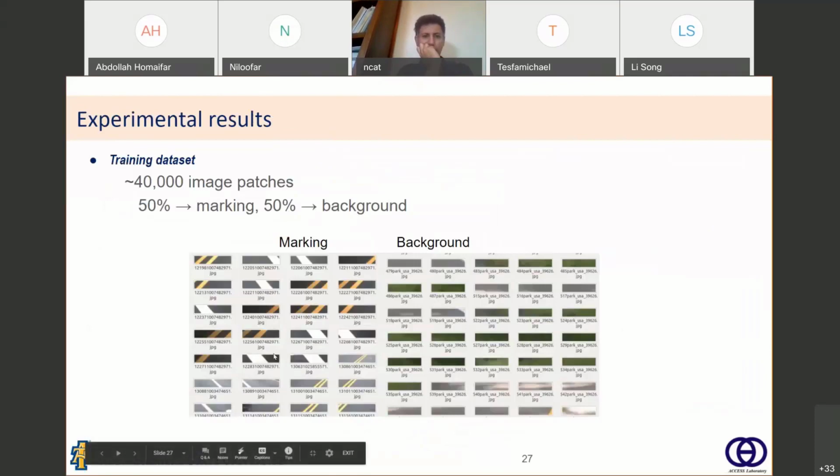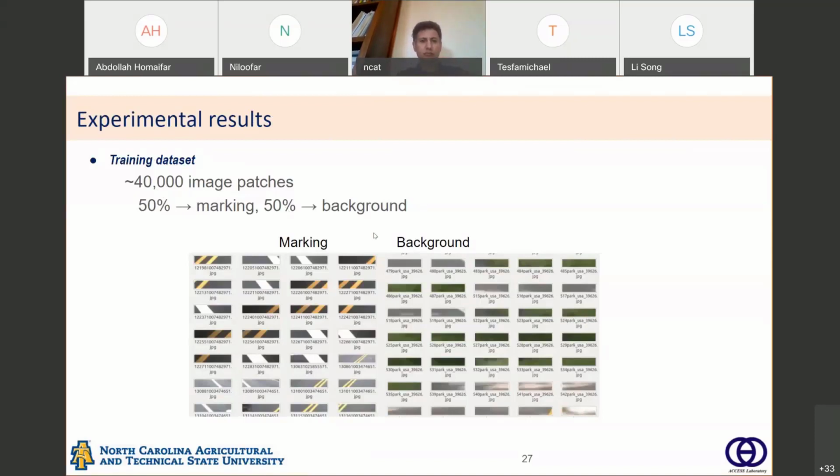For this technique, we created a training data set of about 40,000 image patches, 50% of which contain a lane marking, and the remaining patches have simply background. Some of it has vegetation and different kinds of background that we can see on the road.